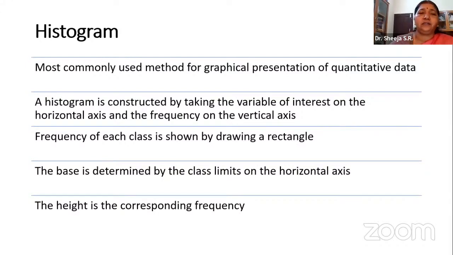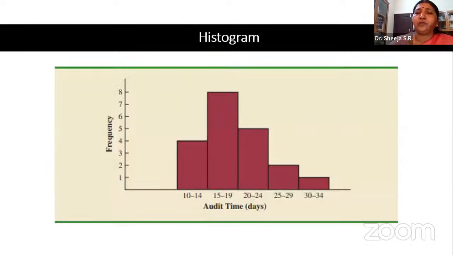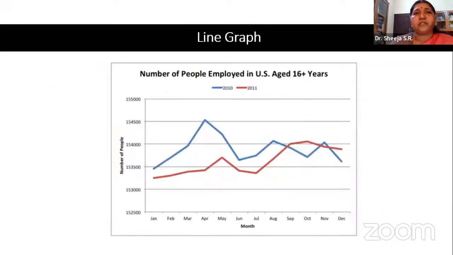The height of each rectangle shows the frequency, and the base is determined by the class limit on the horizontal axis. Here, time is taken on the horizontal axis, and frequency on the vertical axis. So this is another graphical presentation.